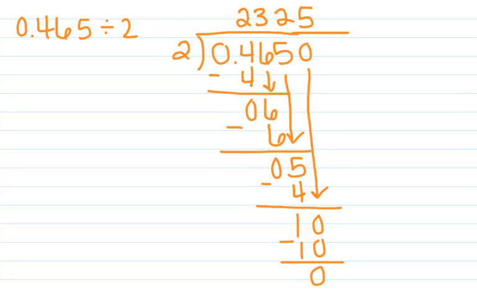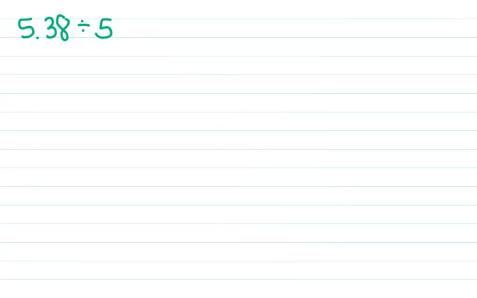So now I'll bring my decimal from here like we learned yesterday. I'll just bring that straight up. Decimal goes here. I'll put a 0 here. So my final answer would be 0 and 2,325 10,000ths.